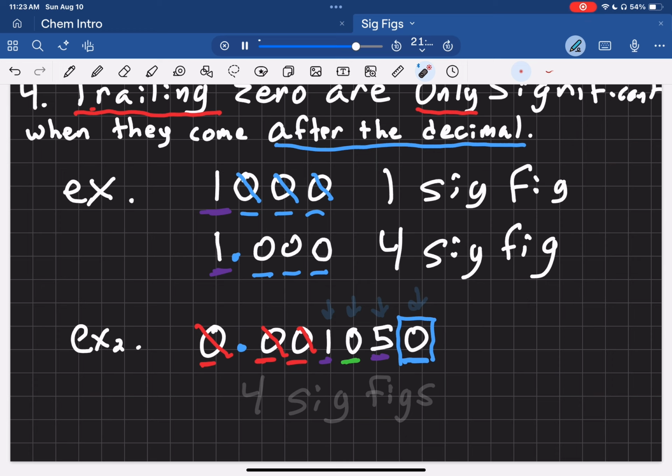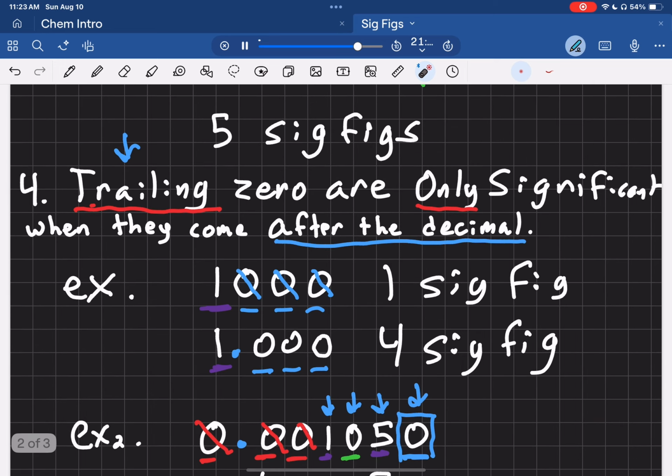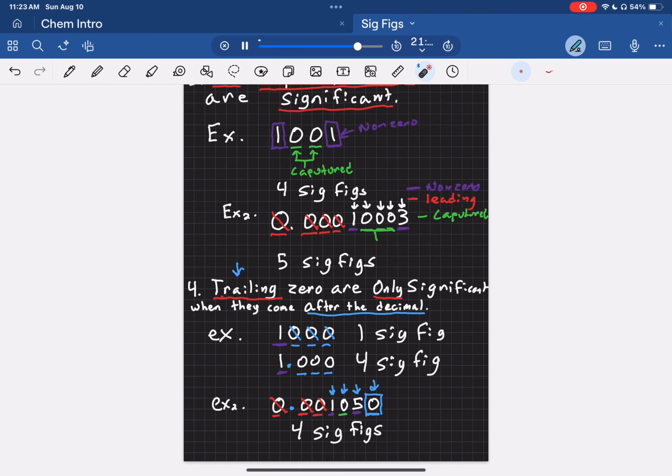So therefore, this number has 1 significant figure, 2 significant figures, 3, and then 4. So we say this number has 4 sig figs. And that's using all of the rules that we've talked about so far, all 4 of them. If we were just talking about identifying sig figs, that would pretty much be it. That's the way you identify significant figures.